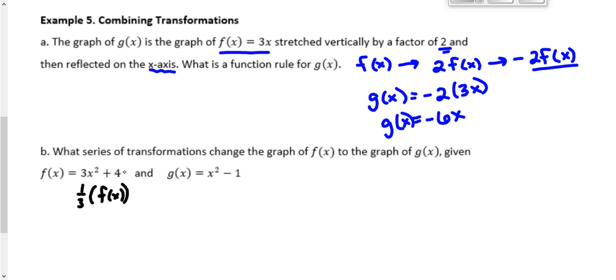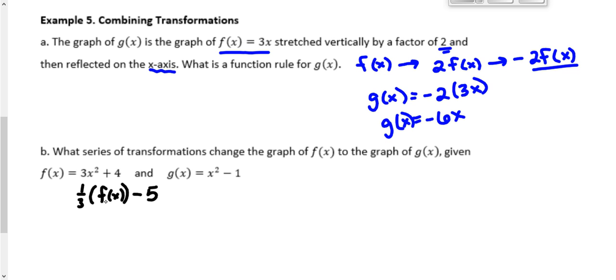But then instead of a +4, we have a -1. Well, if we started with +4 and ended with a -1, then they had to subtract from that 5, right? They had to subtract from the original f of x 5 units.